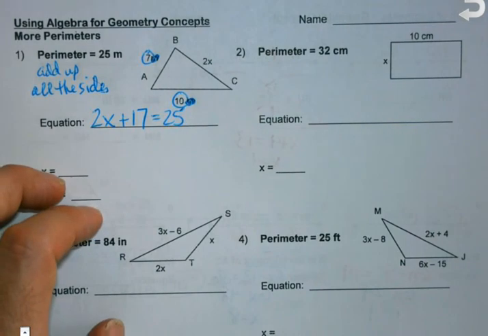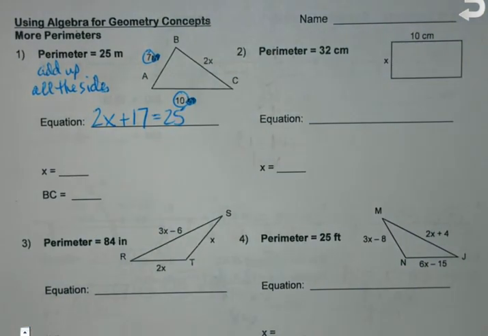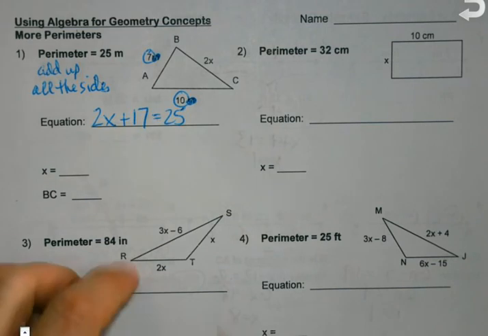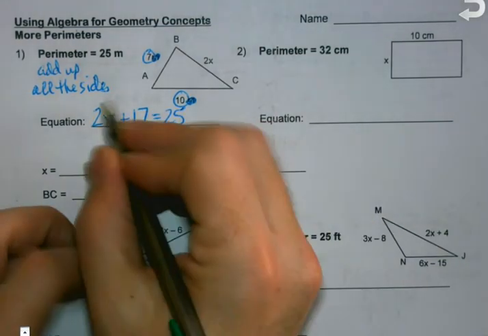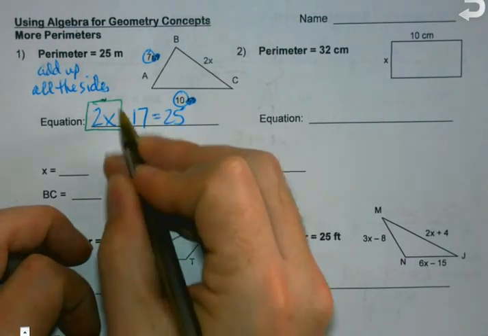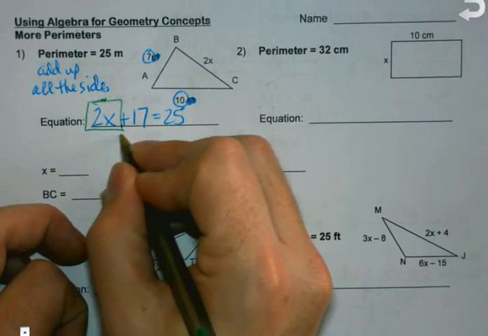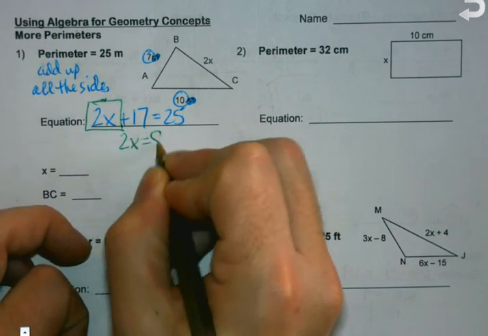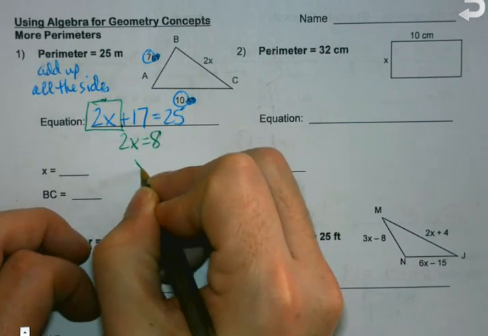And that's going to equal 25. And then, just like always, we're solving for X. So we're going to minus the 17 over. And we're going to divide by 2.